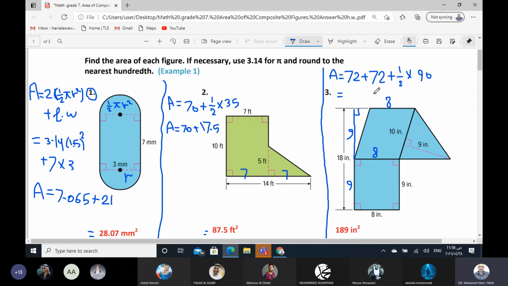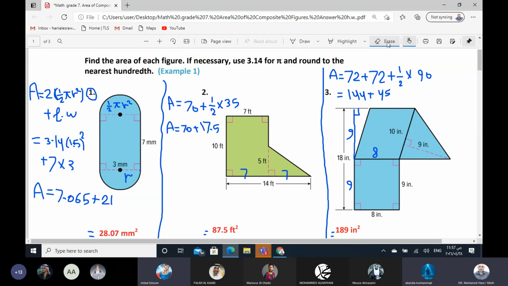Now 72 plus 72 will be 144, and half times 90 will be 45. 144 plus 45 will be 189 inch squared. Who has any question here?